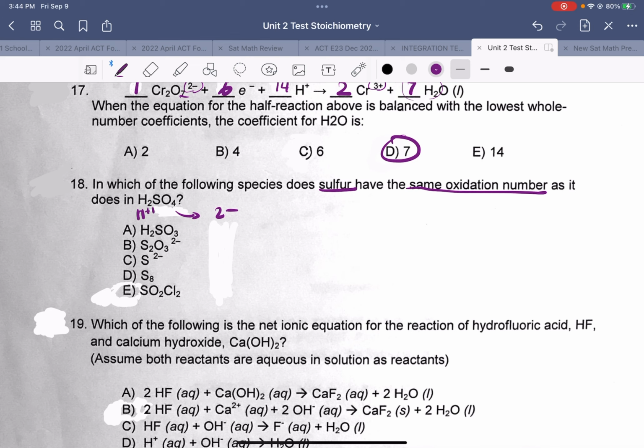Okay, so now if you look at here, so then this one is a +2. So SO3 2 minus, O is a 2 minus, right? So times 3, which is negative 6, but to be 2 minus, S is a plus 4. Sulfur is a plus 4.